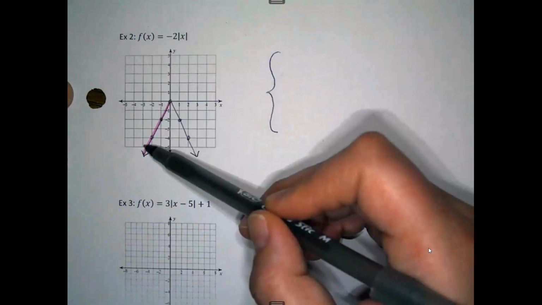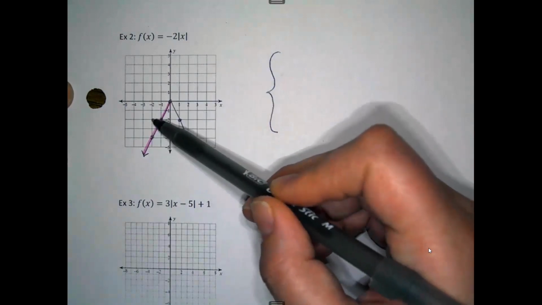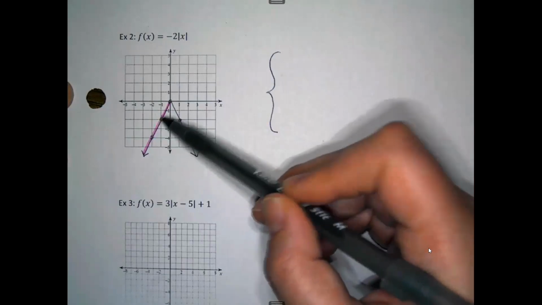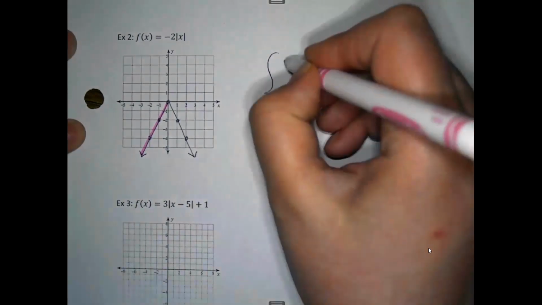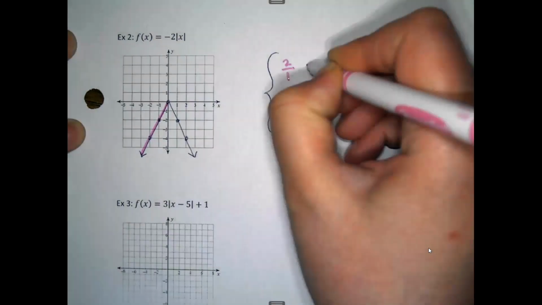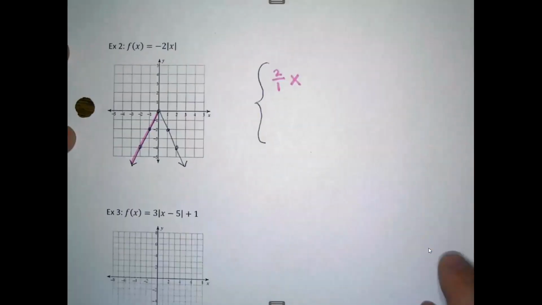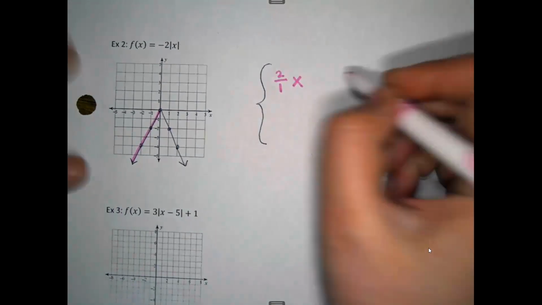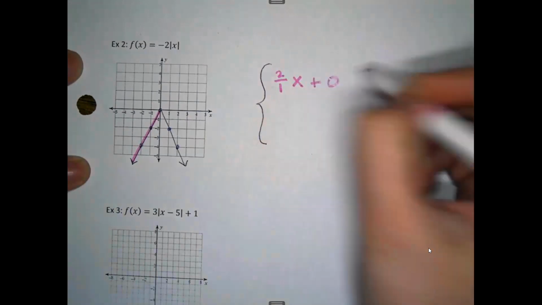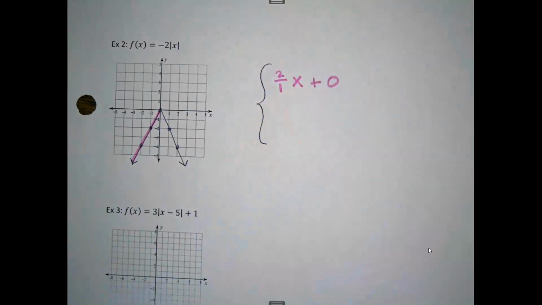So we're going to go up 2 over 1. Up 2 over 1, up 2 over 1. Okay. And then what's the y-intercept? 0. Okay.